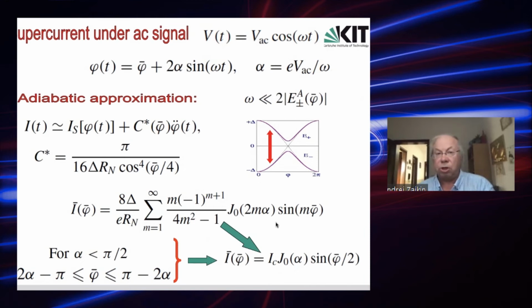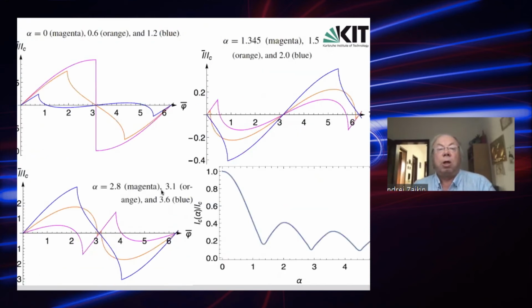Otherwise you just proceed to numerics. Here I collected some current phase relations at different values of this parameter alpha, which controls the strength of the AC radiation, the power of the RF radiation. Then you see how it evolves if we increase this parameter.